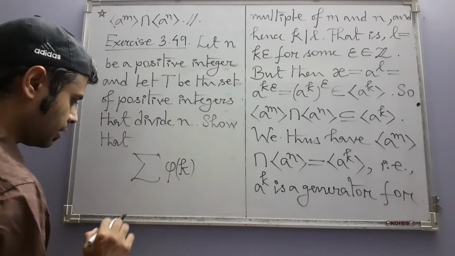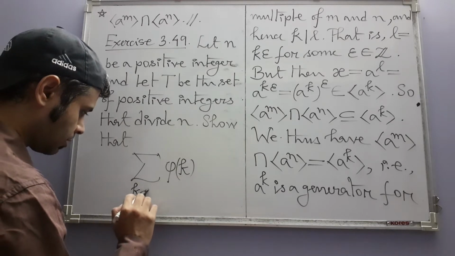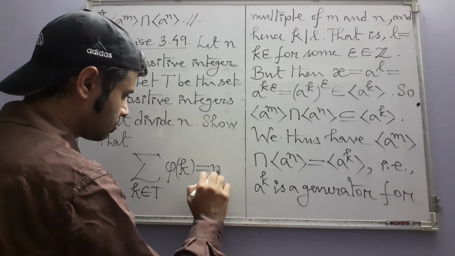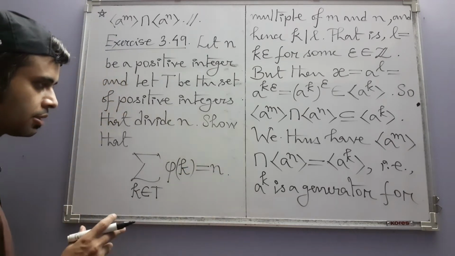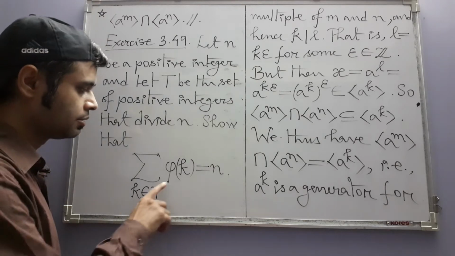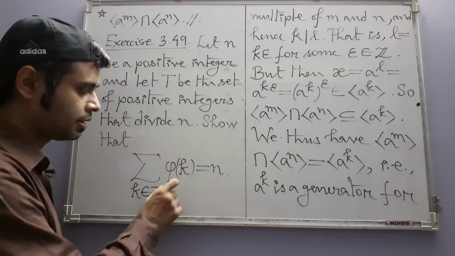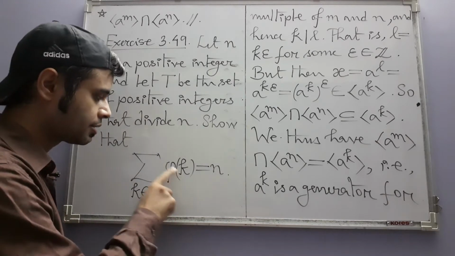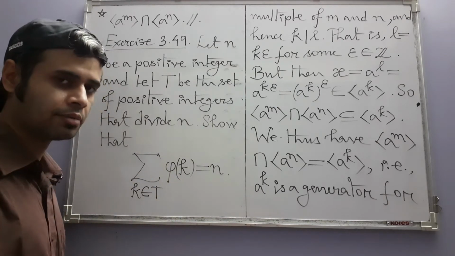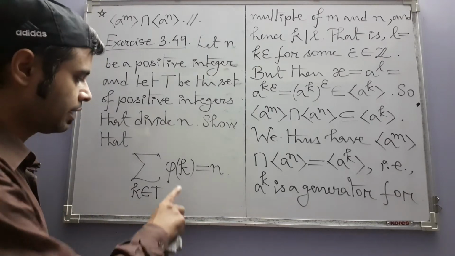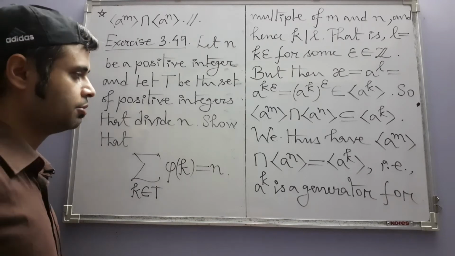The summation of phi of k, where k varies over the set T, is equal to n, where phi of course is our familiar Euler's phi function, which calculates, for example, phi of k calculates the number of positive integers less than k and relatively prime to k when k is greater than 1, and additionally phi of 1 is defined to be 1.